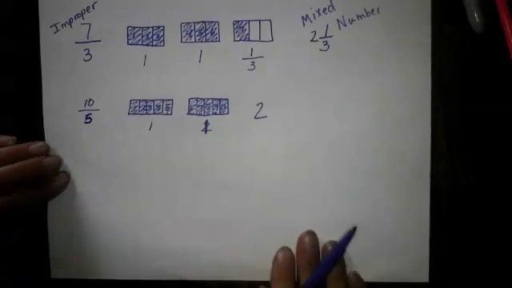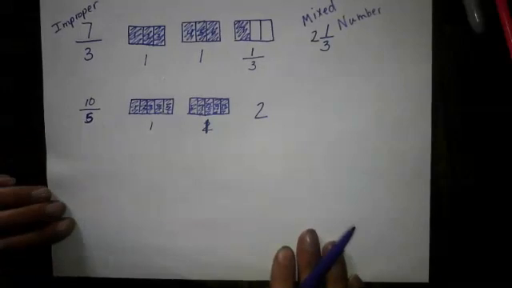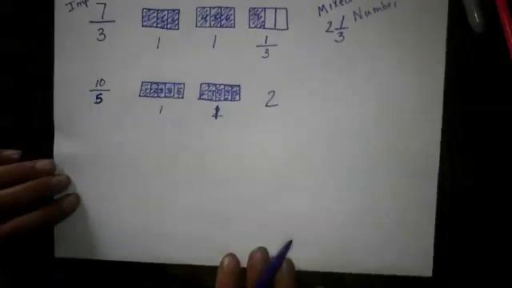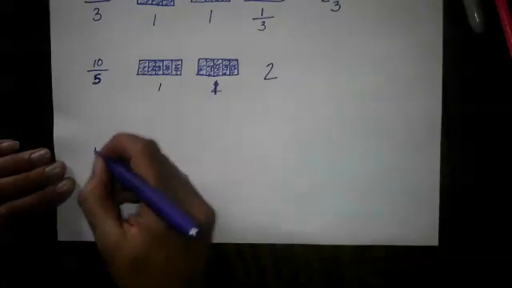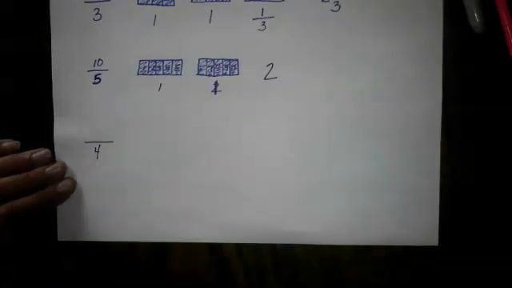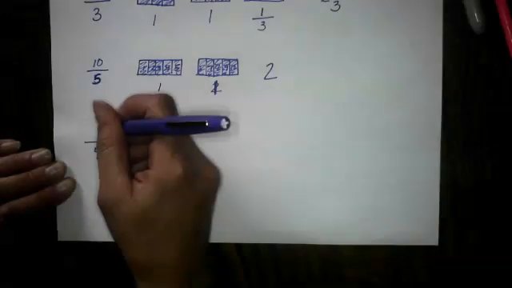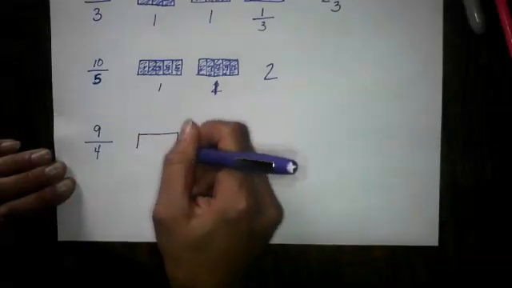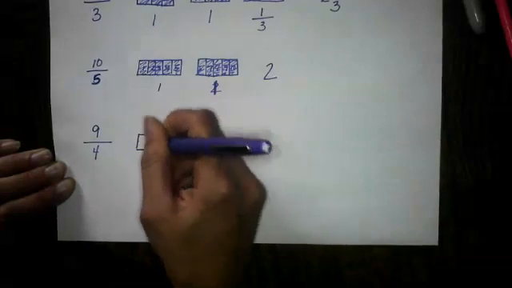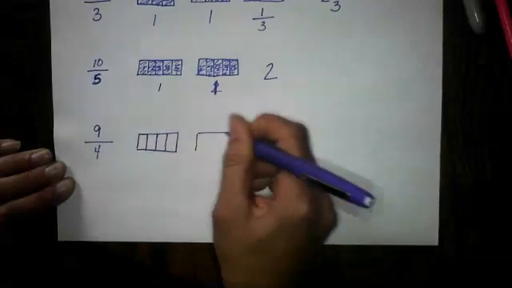I'm going to do one more as an example, and then I'm going to have you do some on your own. Okay, the last improper fraction that I'm going to write, I'm going to make my denominator 4, and I'm going to make my numerator 9. Okay, so I divide the whole into 4 parts, and I know I have to do at least 2.